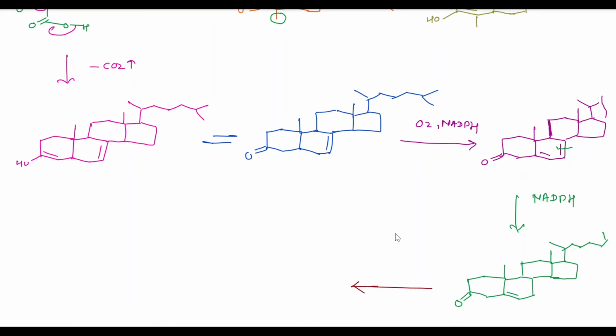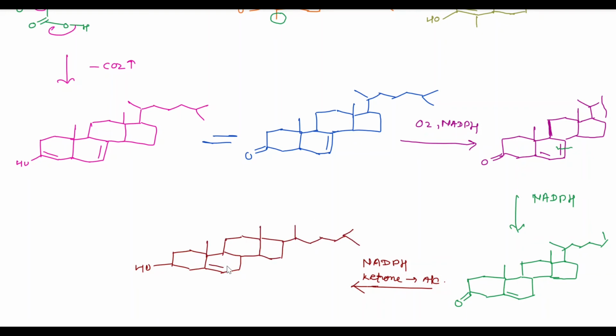And in the last step, by using NADPH, the ketone is converted into alcohol and we get cholesterol as a final product which contains C27, H46 and oxygen. So this is all about the biogenesis of cholesterol.